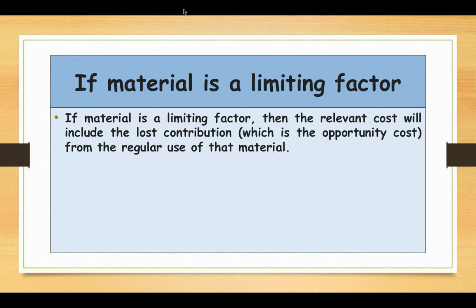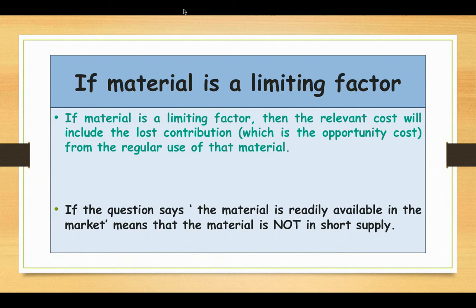So here, the opportunity cost of material, that is the contribution foregone, will become relevant cost because the material is in short supply. But we have to be very careful when doing a question, because if the question says the material is readily available in the market, that means the material is not in short supply.